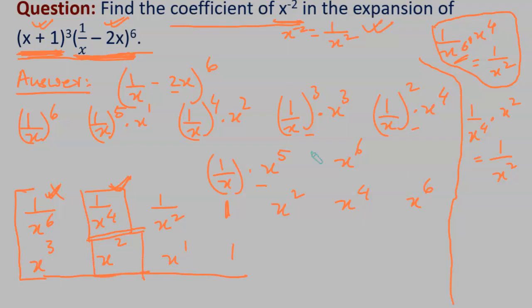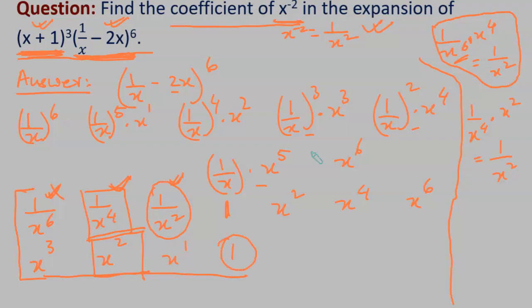Now coming to 1 over x to the power of 2. It is having 1 over x to the power of 2, so it cannot be multiplied with any term which contains x. It should be multiplied with a constant term. So this should get multiplied with this term.